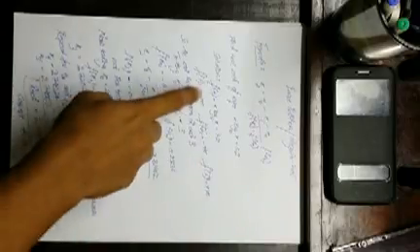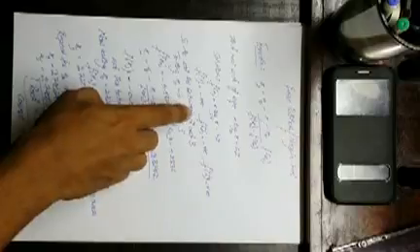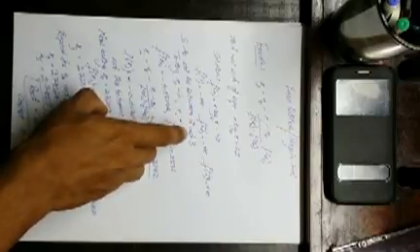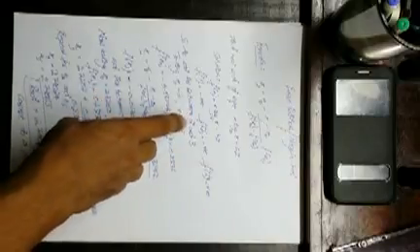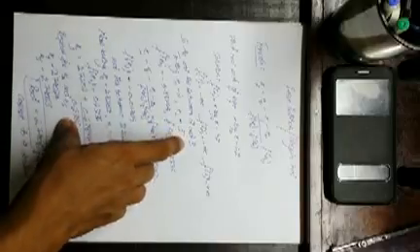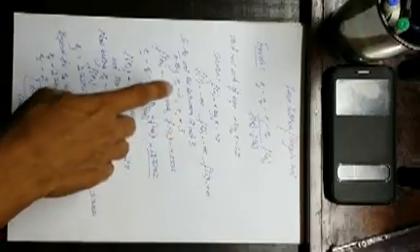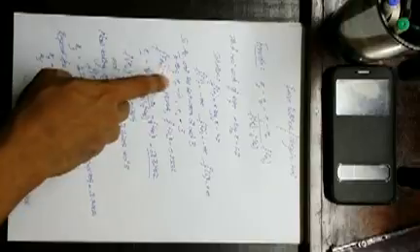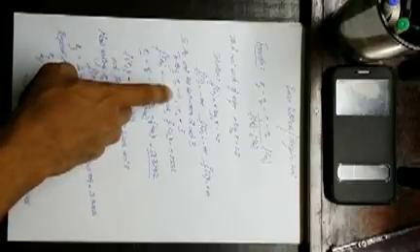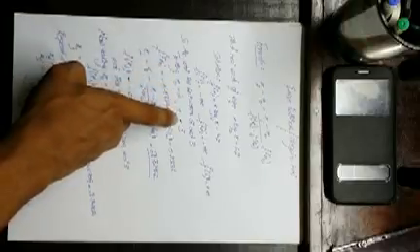So I know that my root lies between x equals 2 and x equals 3. Now we start solving the question, taking x0 as 2 and x1 equals 3.